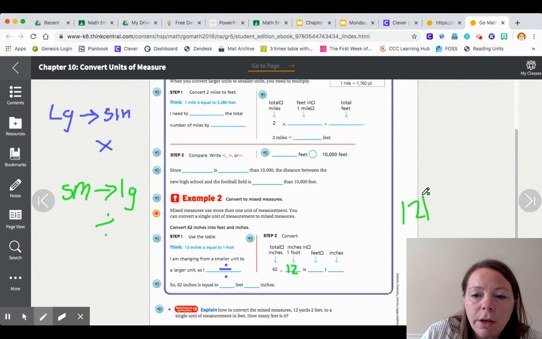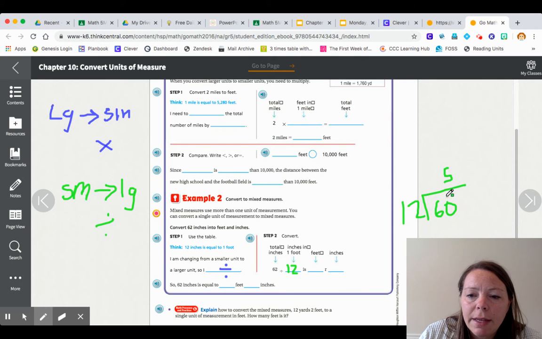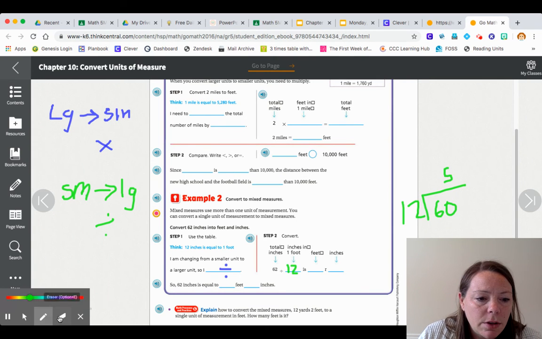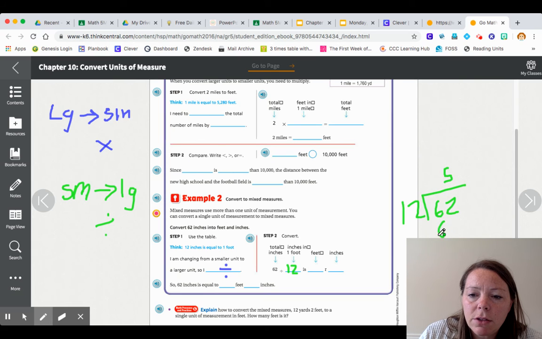We know that 12 times 5 is 60, right? We know our 12 times tables. So, sorry, I just made a little mistake here. We know that 12 times 5 is 60. So we have 5, remainder 2, right? That's our division there. 5 feet, and our remainder is how many inches? 2 out of 12 inches.